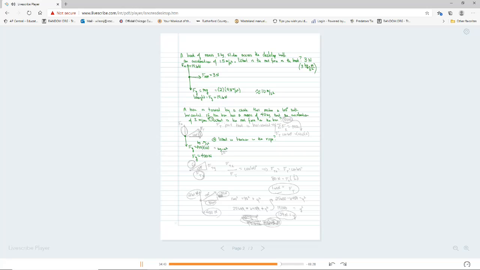Okay. We also have a normal force. That is not 400, because you have a tension force that makes a 60-degree angle. So there is a part of the tension force that goes up, and there is the normal force that goes up.